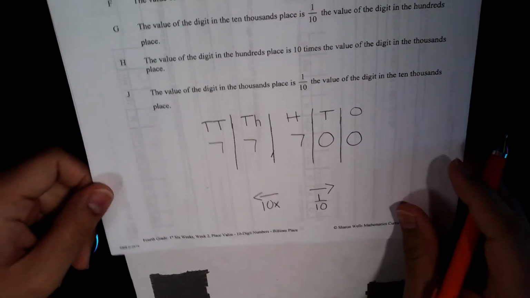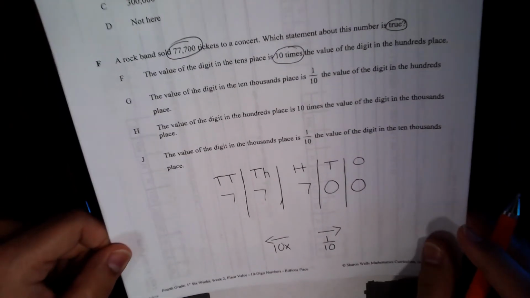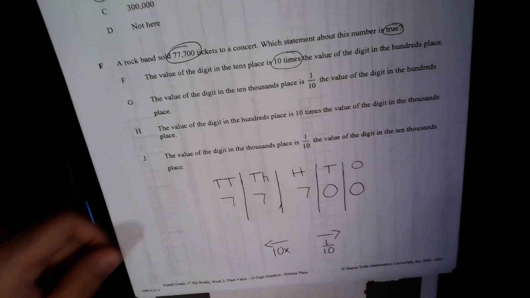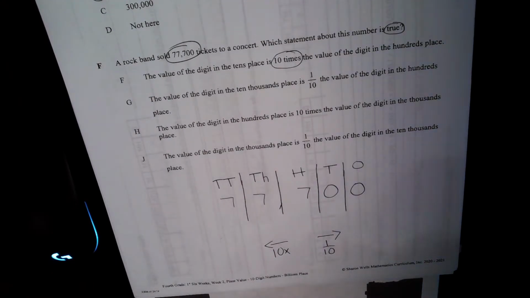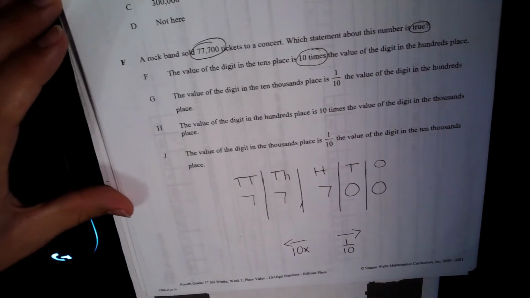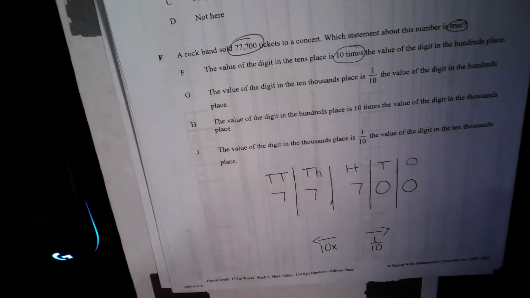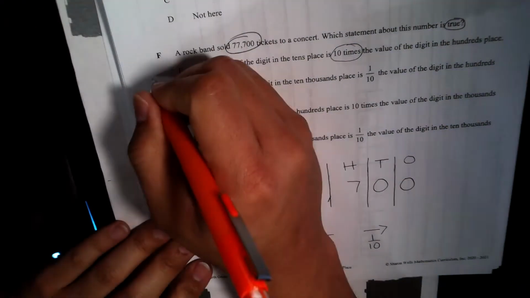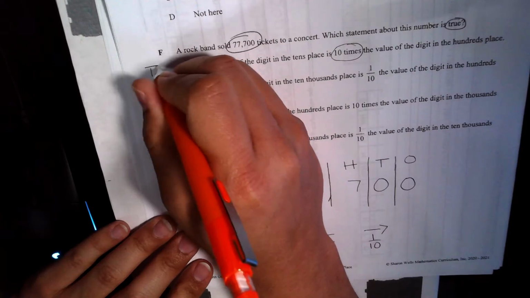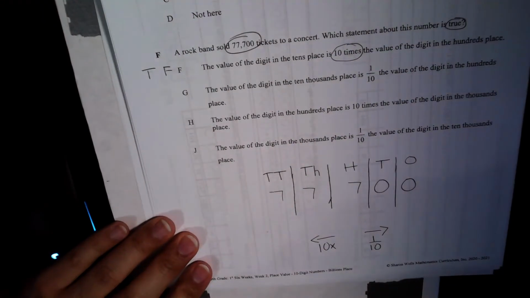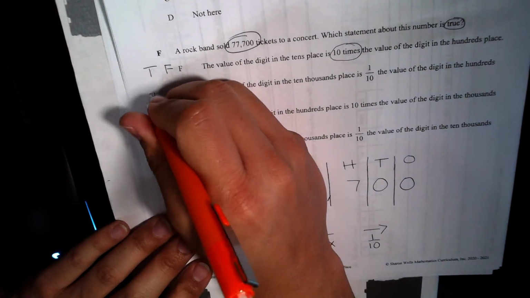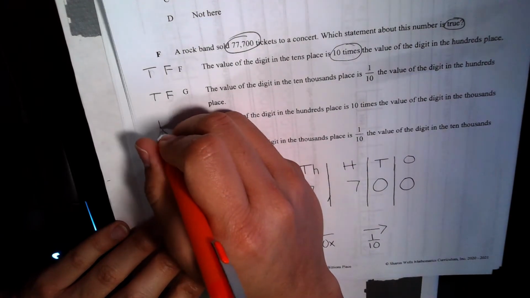Something I've noticed will help me out when I have a problem that says something like which of these is true, so they don't trick me: I write a T and an F for true and false next to all of my answer choices.